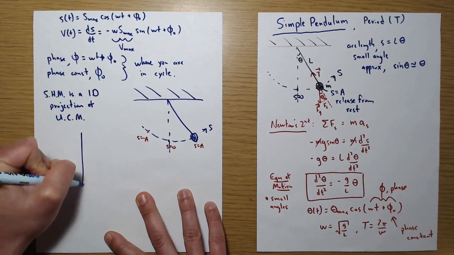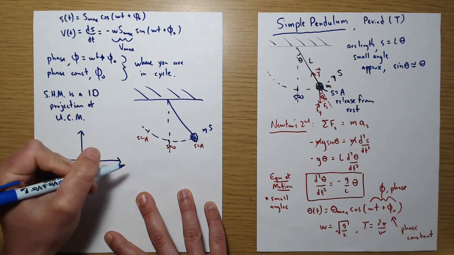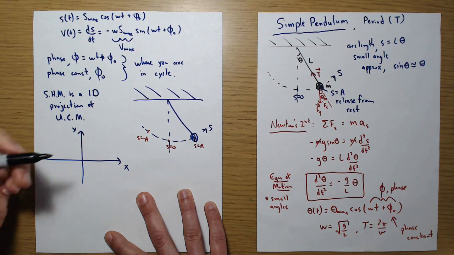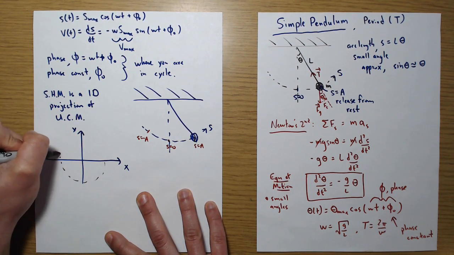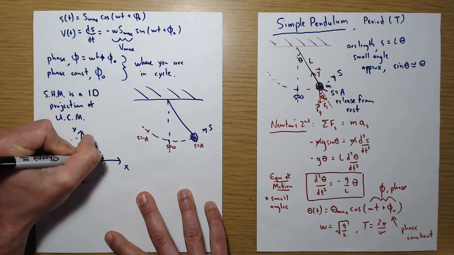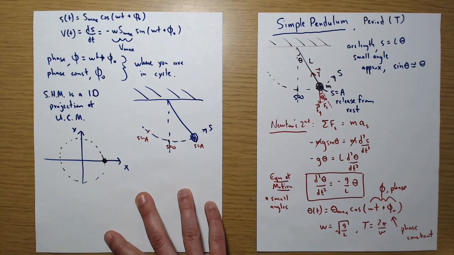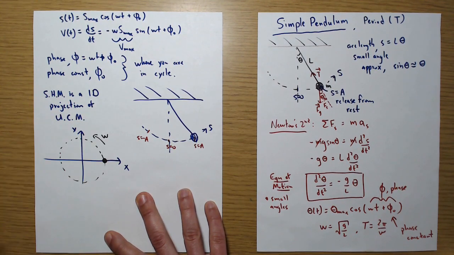Well, consider an object right now that's undergoing uniform circular motion, and I have an x coordinate and a y coordinate, and I have a circle. Imagine a little ball here that's going around and around in a circle with an angular velocity omega.